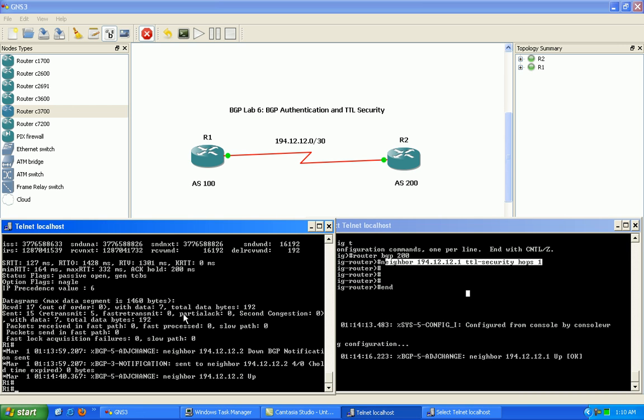Another reason to set up TTL security is to protect the local router against CPU attacks.